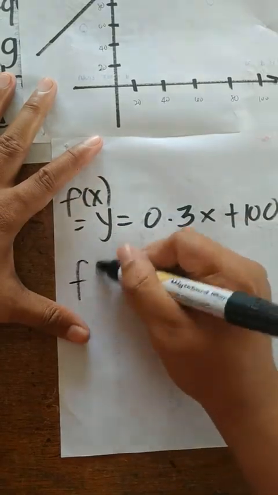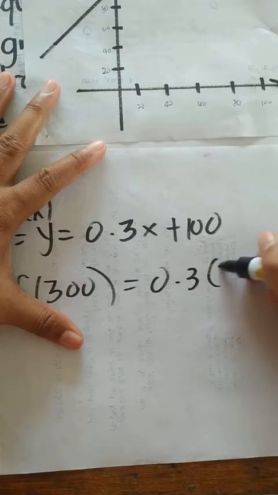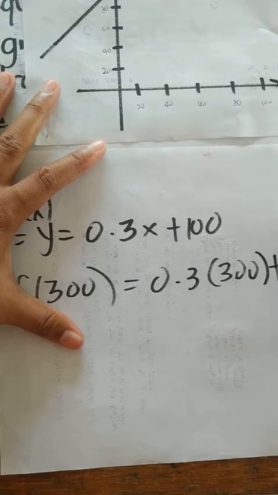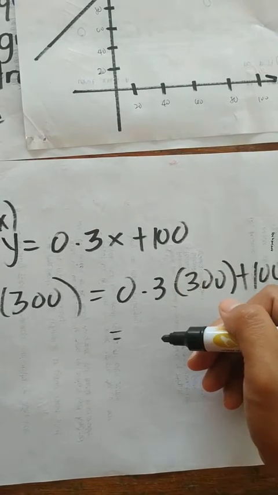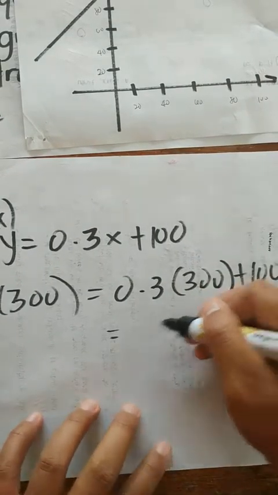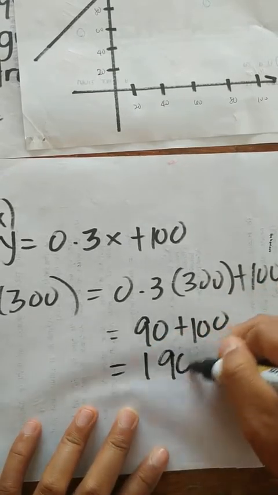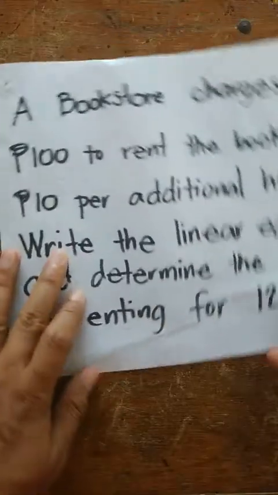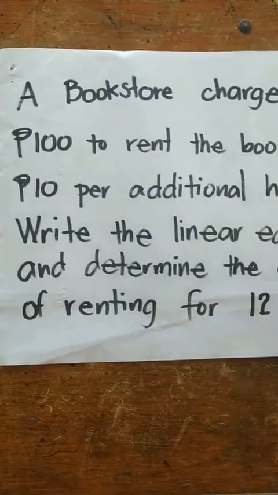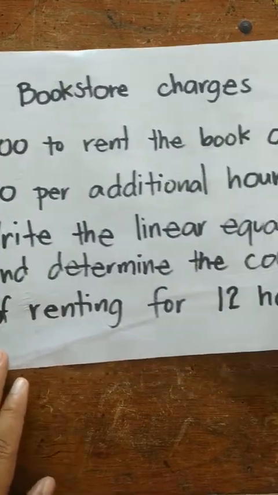With 300 miles traveled, we have 0.3 times 300 plus 100. 0.3 times 300 gives us 90, plus 100, that gives us 190.